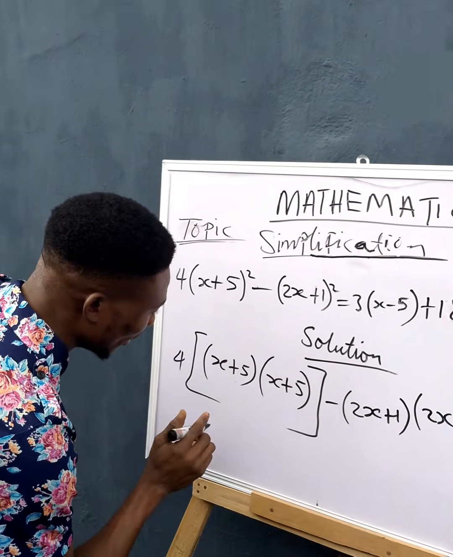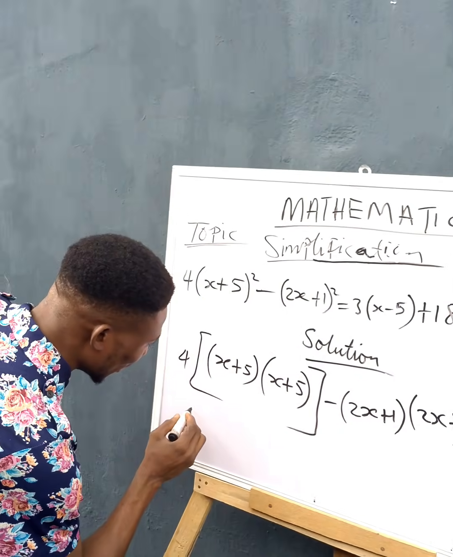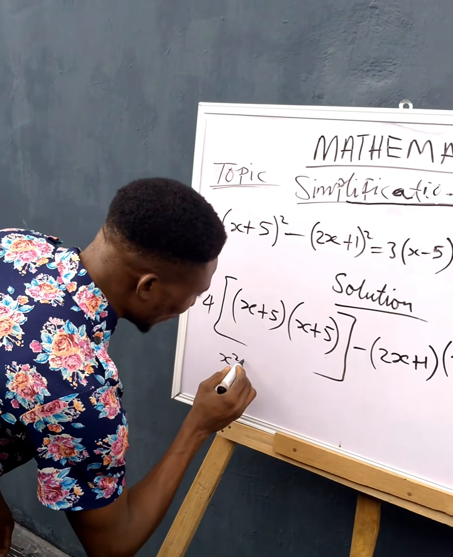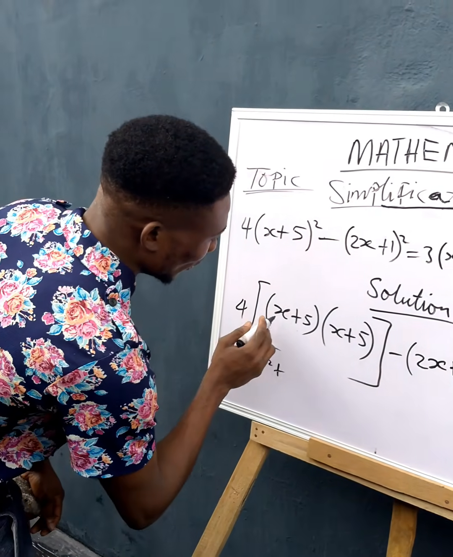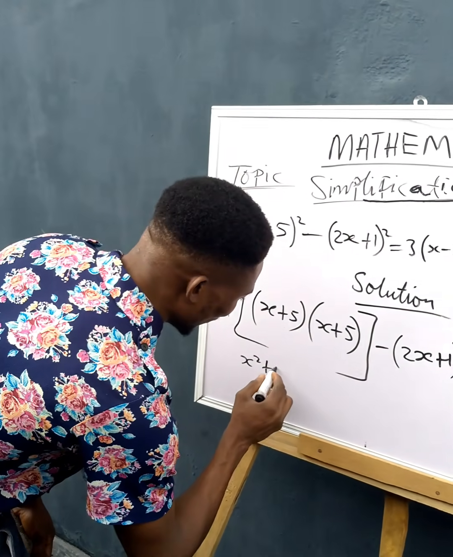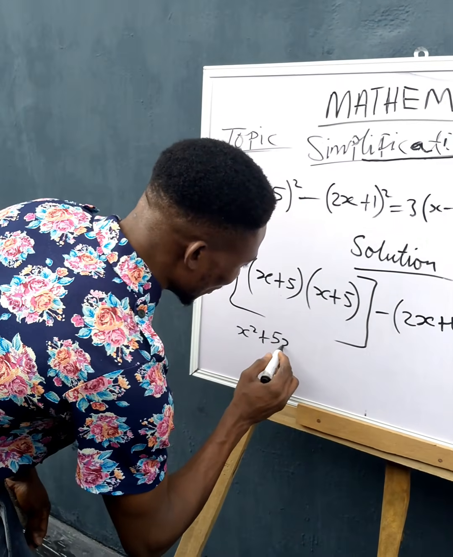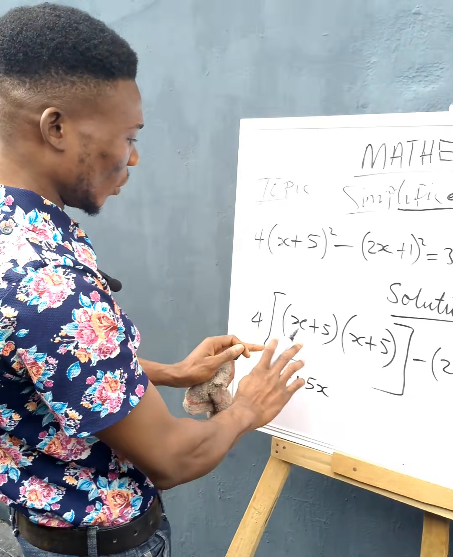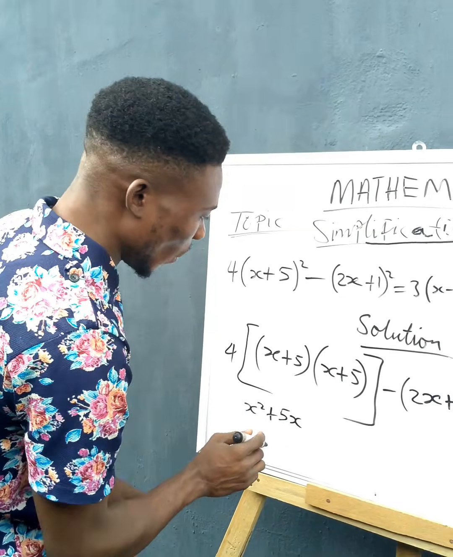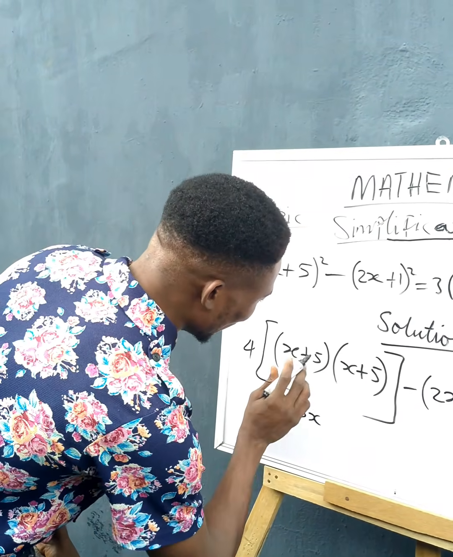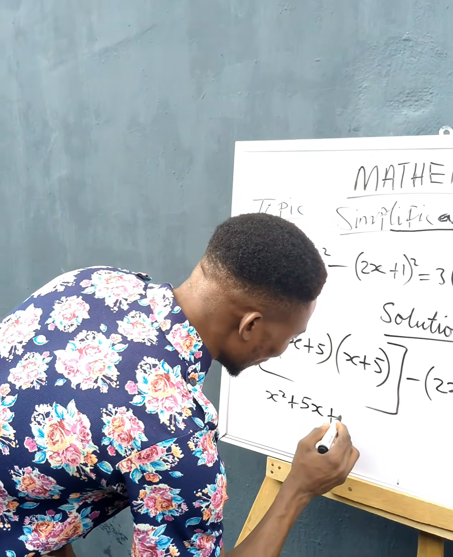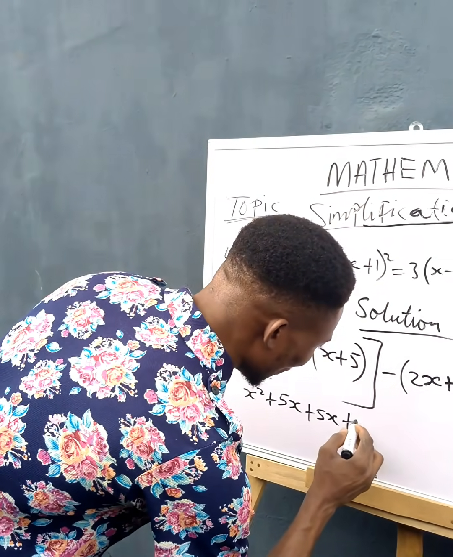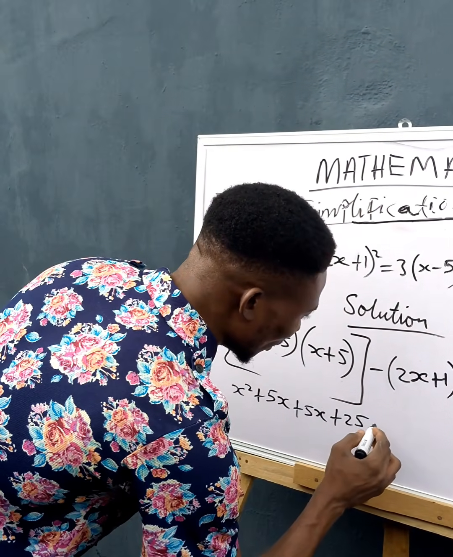This times this is x squared plus this times this 5x. Then now you are done with x. Then pick 5. Then 5 times x plus 5x. Then 5 times 5 is 25, plus 25.